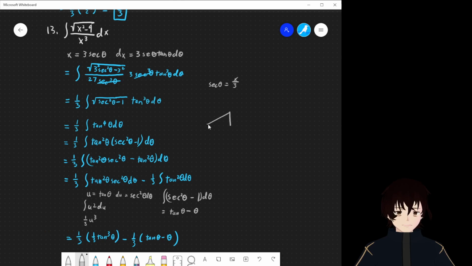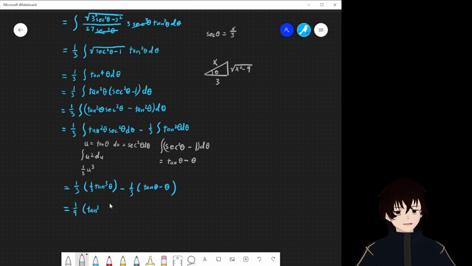Cosine is adjacent over hypotenuse, so this is hypotenuse over adjacent. This would be our triangle. And this would be theta.